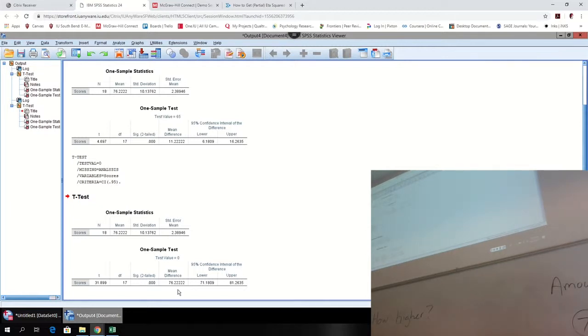Again, 65 higher than the previous one. So it literally has taken your confidence interval and just moved it up 65 points. So that's why you can actually do that. It's not that much of a thing to do just in Excel. But again, it's there, you can do it.